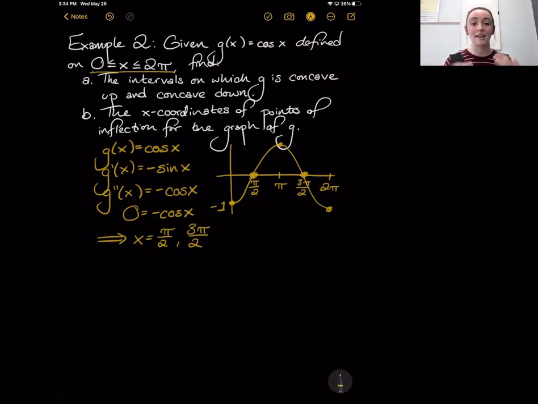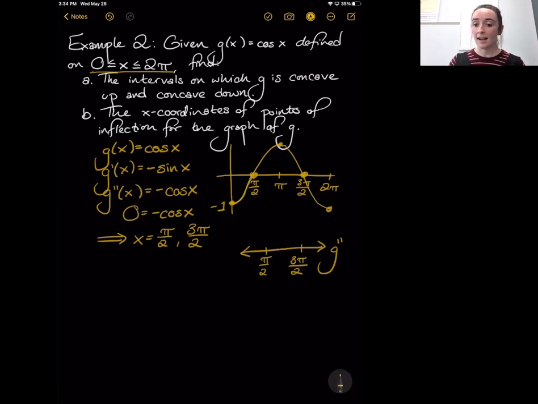And our graph here is going to help us figure out our number line really easily, right? So we'll make a number line. This number line is going to tell us about the sign of the second derivative, the sign of g double prime. And we'll mark just those two x values that we found, pi over 2 and 3 pi over 2. So I see on the graph that between 0 and pi over 2, our graph is negative.